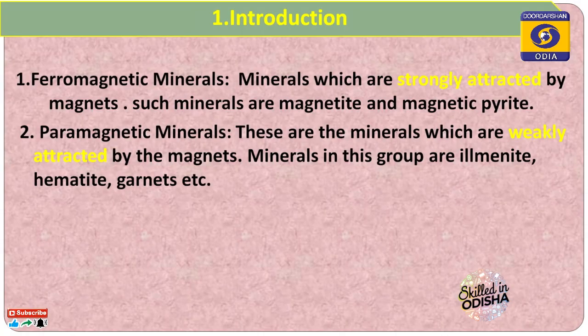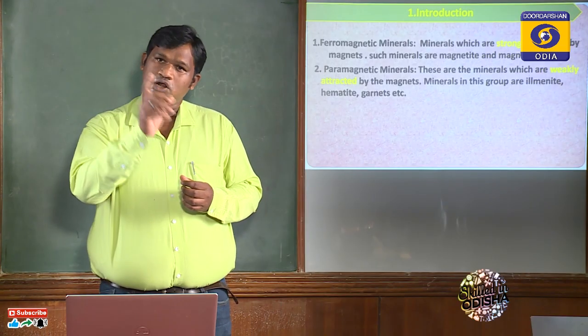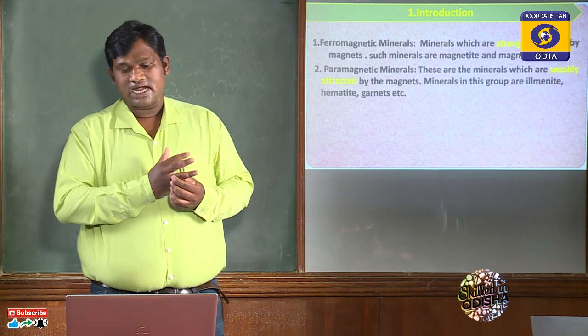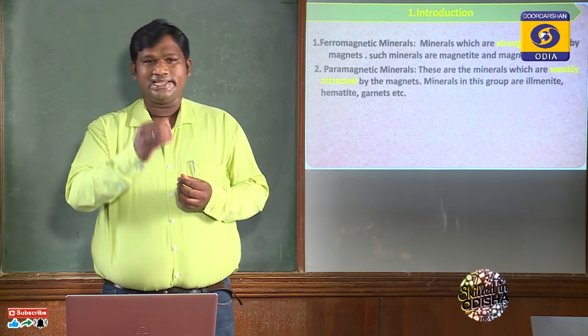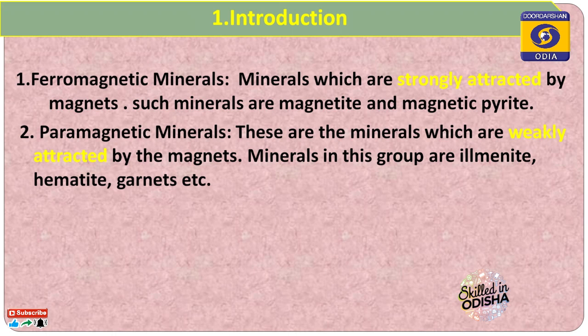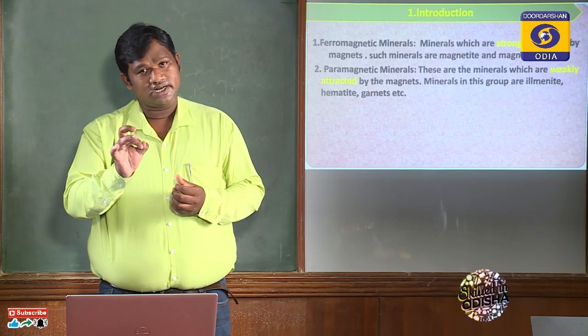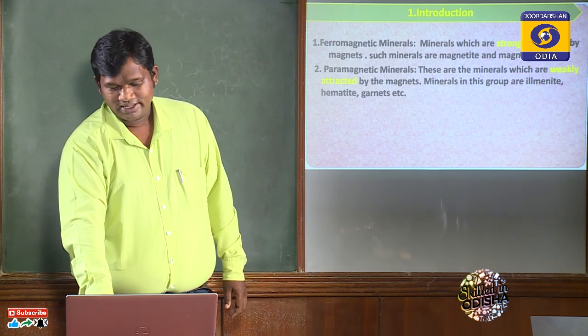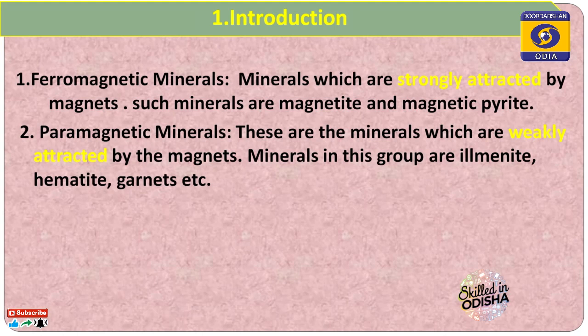Second is paramagnetic. Those attracted strongly are called ferromagnetic; the minerals weakly attracted by the magnet are known as paramagnetic minerals. Examples are ilmenite, hematite, garnet, etc.